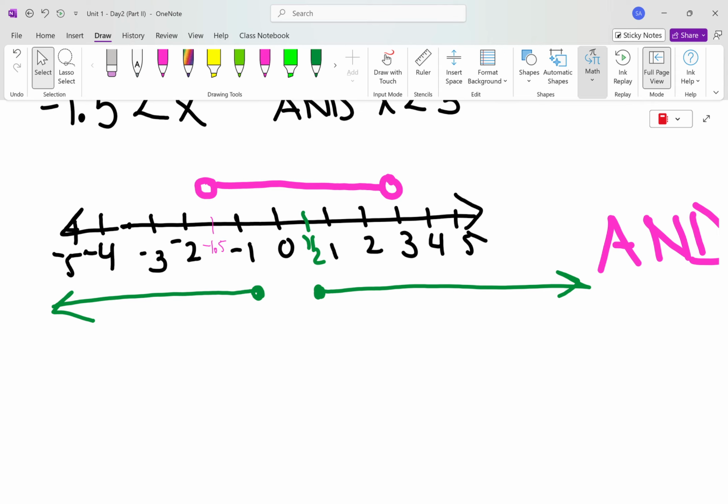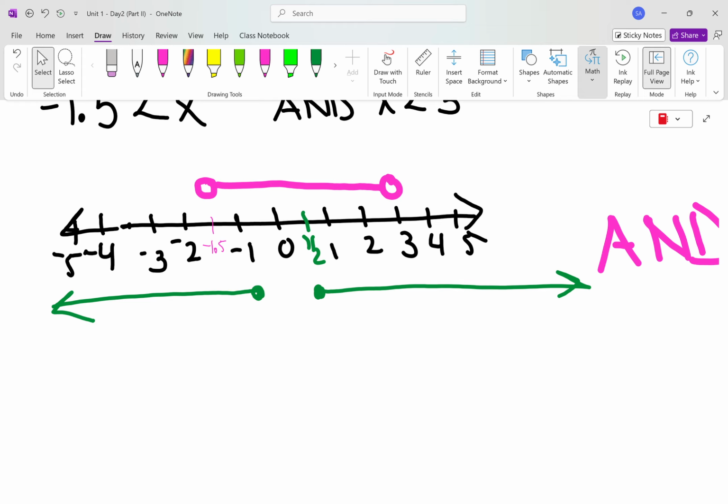So now, in order to make it to the final graph, because it's an and connecting them, it has to be in the pink graph, but it also has to be in the green graph as well. So where are my pink and green graphs overlapping? Steven, sorry.